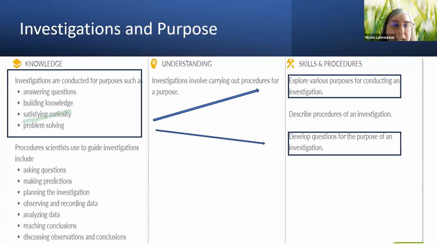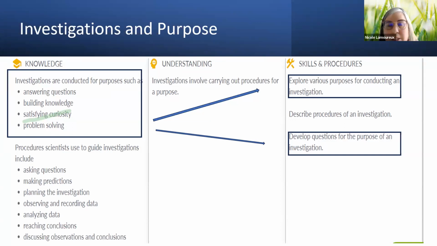This is the parameters for grade 2. So you can know, okay, it's answering questions. Maybe there's a question that the students need to answer, or it's satisfying some curiosity or problem solving.